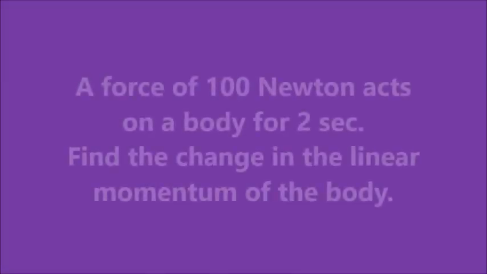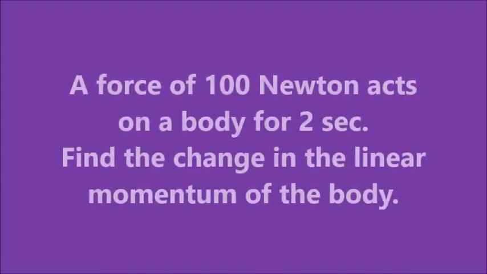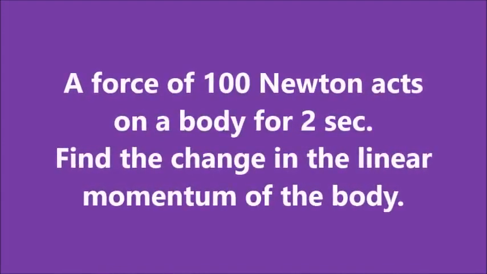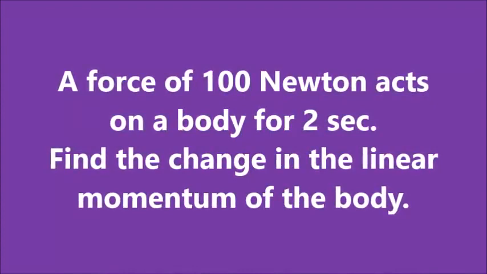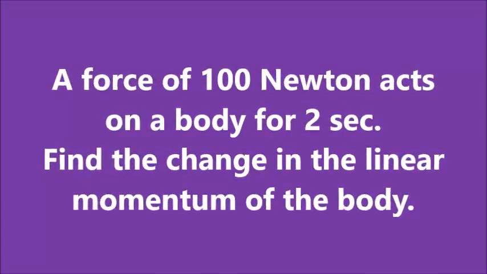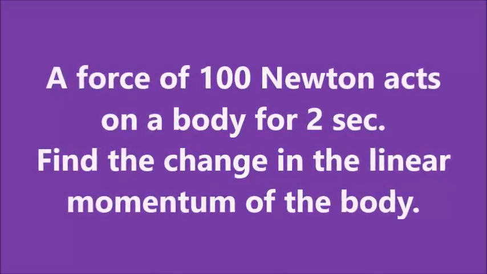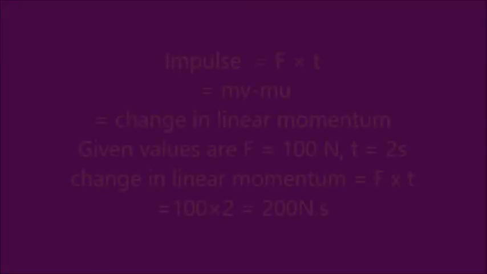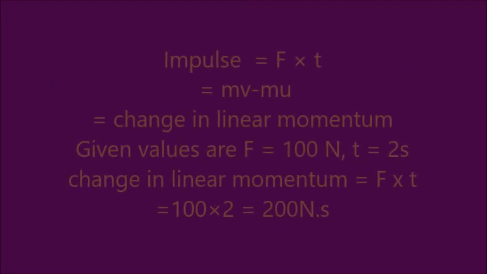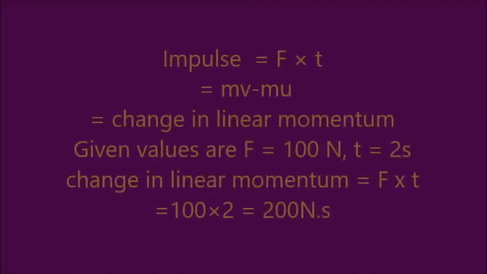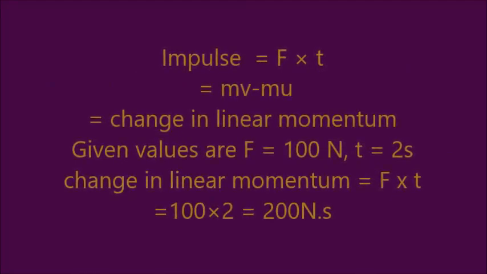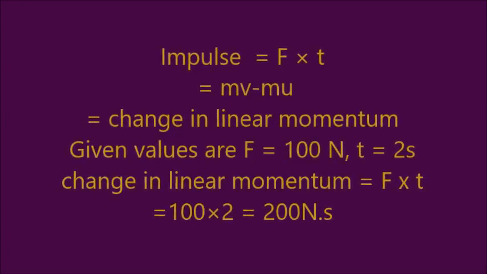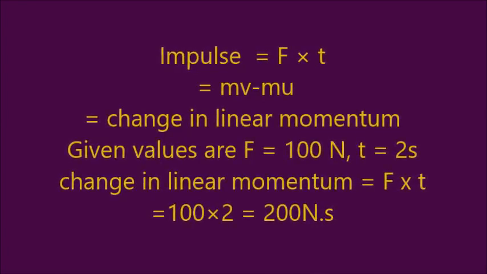A force of 100 Newton acts on a body for 2 seconds. Find the change in linear momentum of the body. Here, impulse is equal to F into t, which is mv minus mu, that is change in linear momentum.